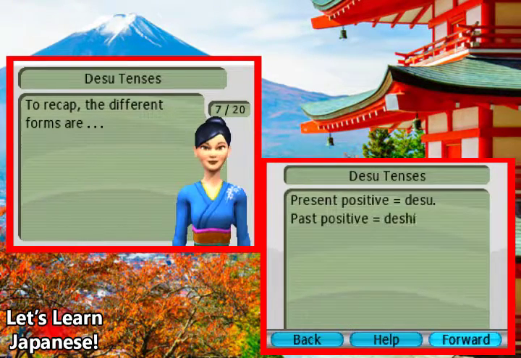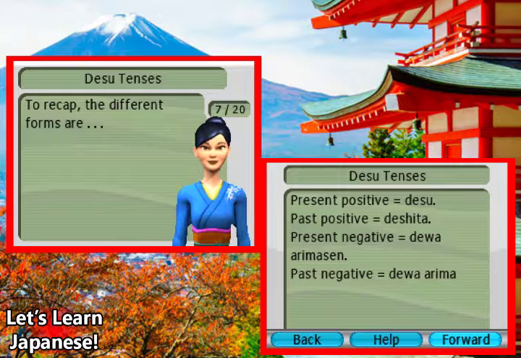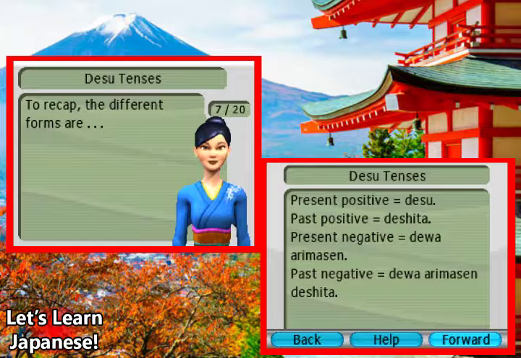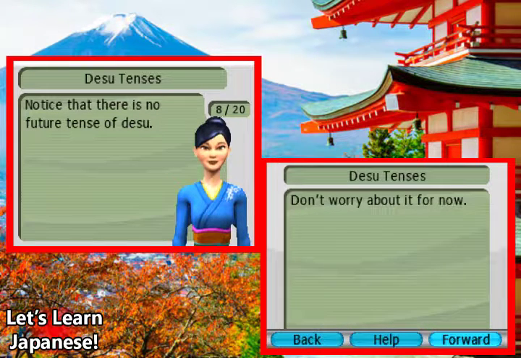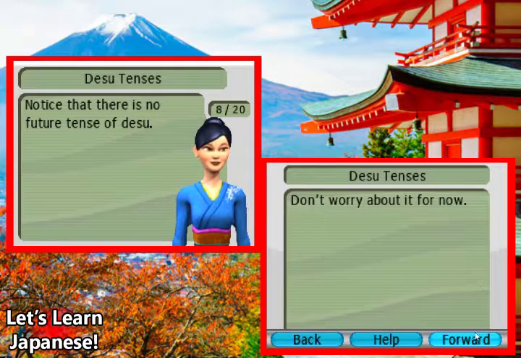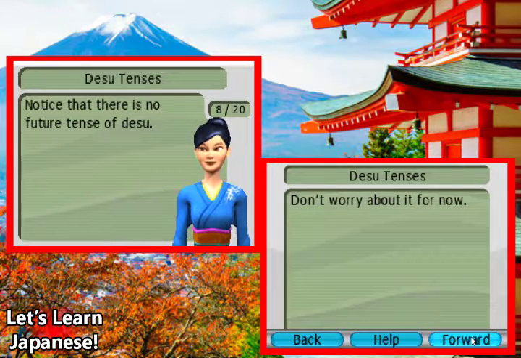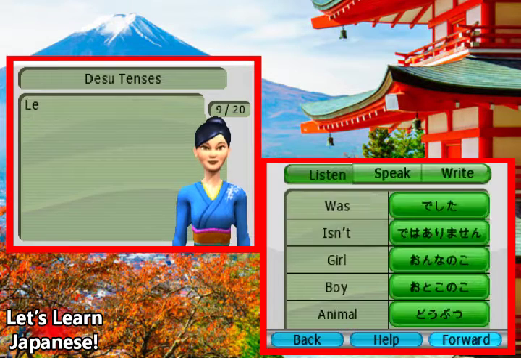The different forms are, oh, yeah. Present positive, desu, past positive, でした, present negative, ではありません, and past negative, ではありませんでした. There's no future tense of desu. Don't worry about it. Just trust it's fine. Shifty eyes of Haruka. Just don't worry about it.